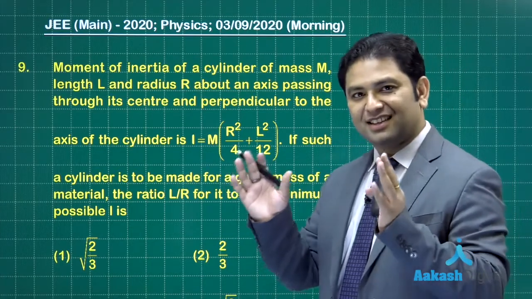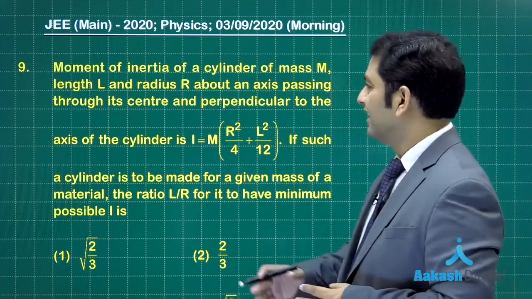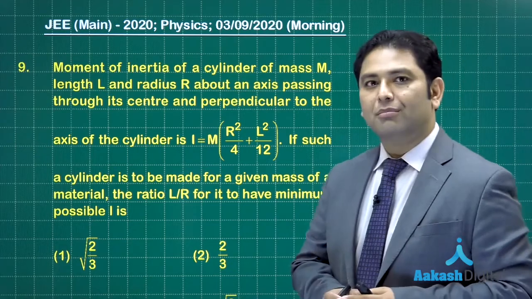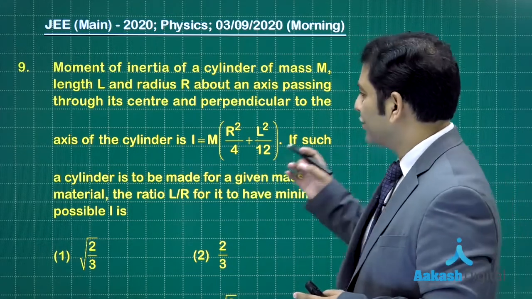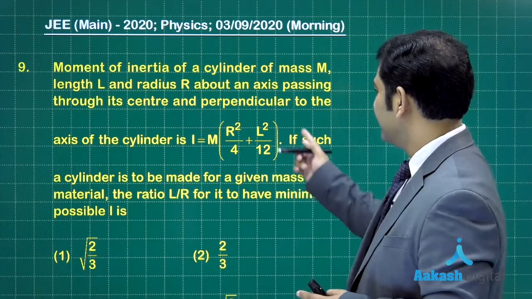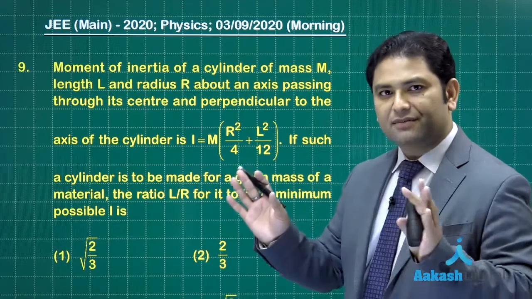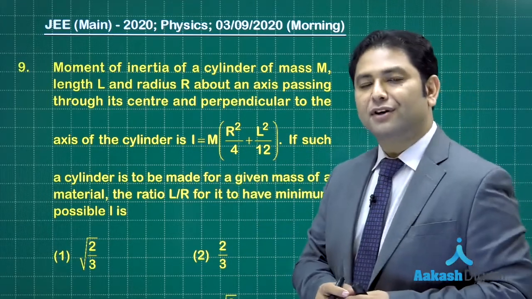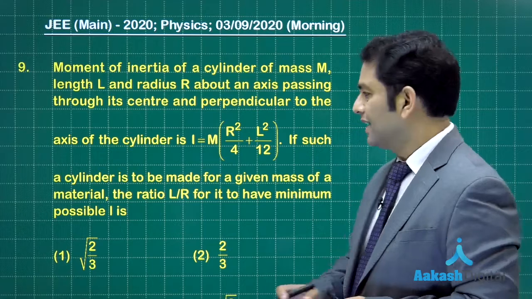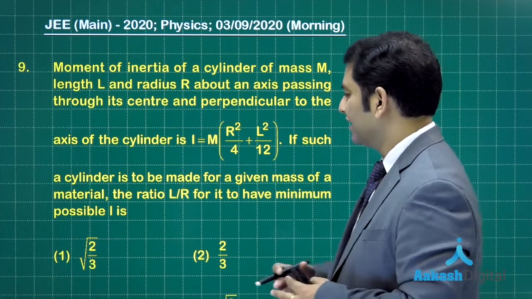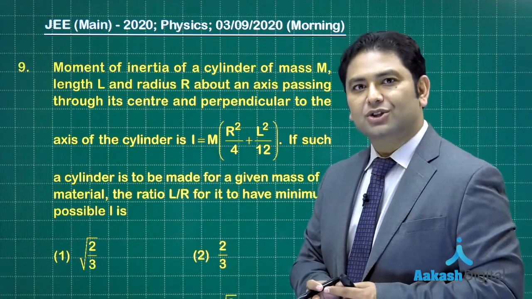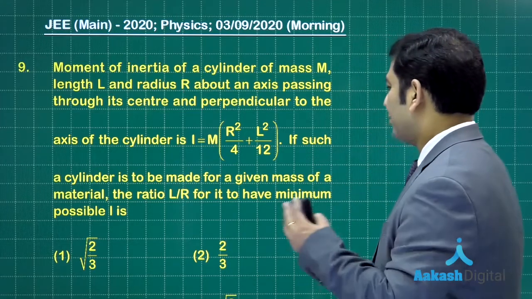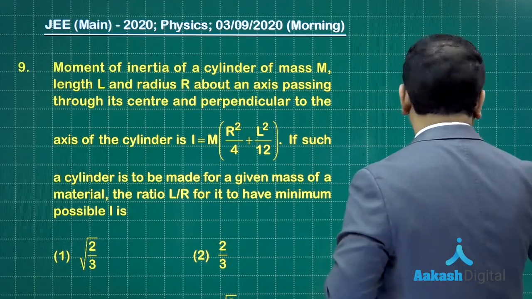The 9th question requires a good thought process. There is a cylinder, and the moment of inertia about an axis perpendicular to the central axis is this much. That's a very known formula for a solid cylinder, isn't it? Now here the question is something different. You need to calculate the ratio L by R so that the value of the moment of inertia would be as minimum as possible.